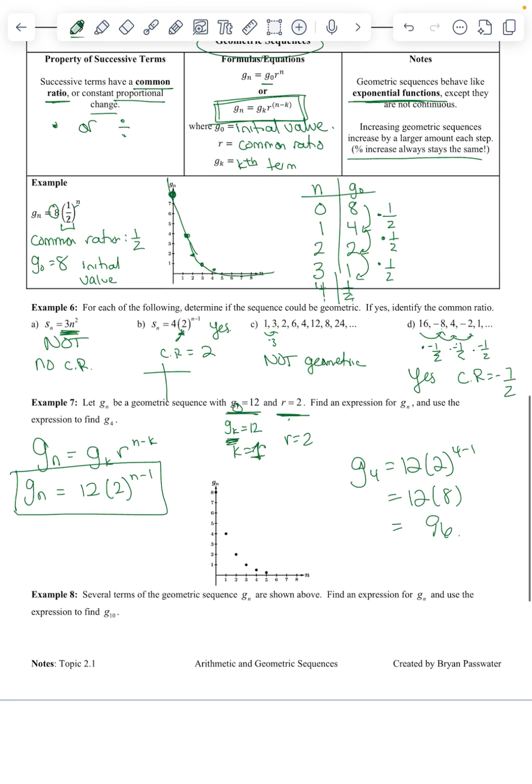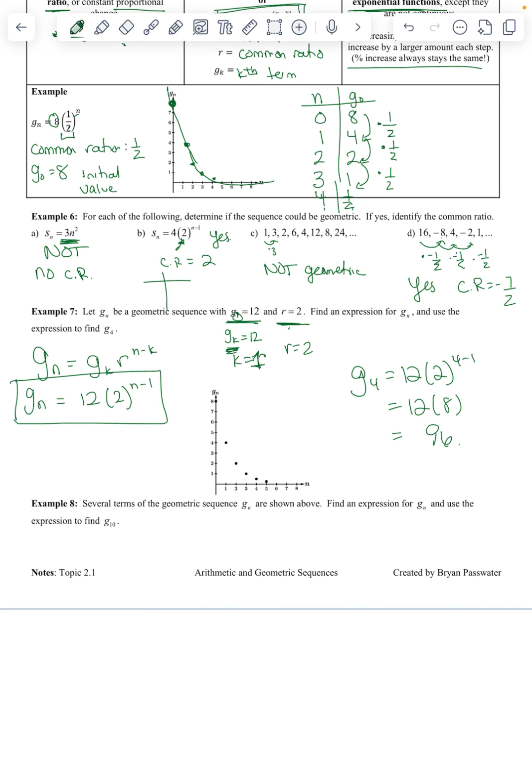All right, last problem is very similar to the one before, where they're not giving you R. So not given R, but you are given multiple points that you can possibly use to figure out what R is. Or you can just use two of the points and solve for R. Okay?